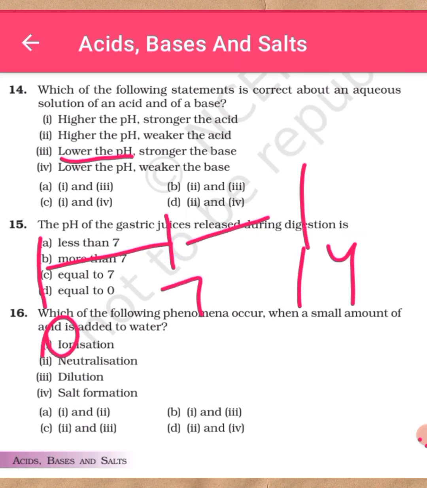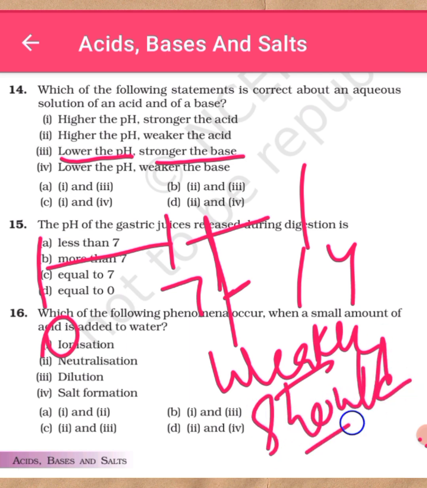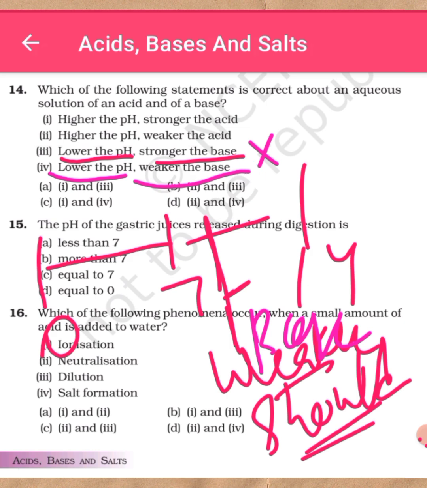So lower the pH, weaker should be the base, so this statement is wrong. Next option is lower the pH, weaker the base. This one is correct. So option number 2 and 4, that is D, is the answer for this question.